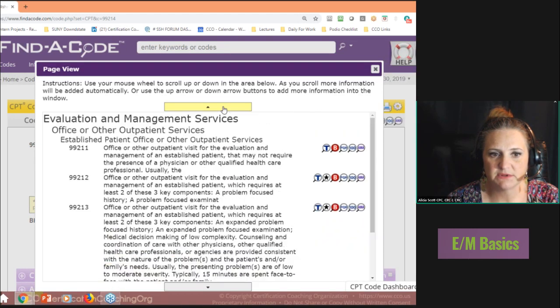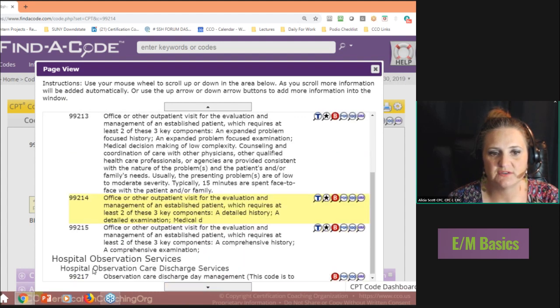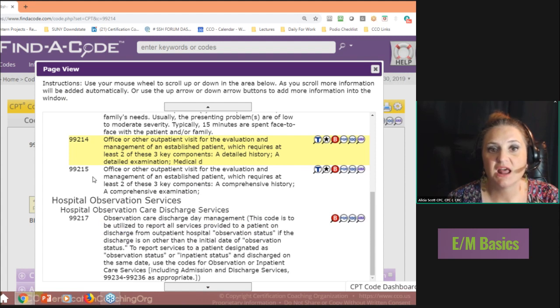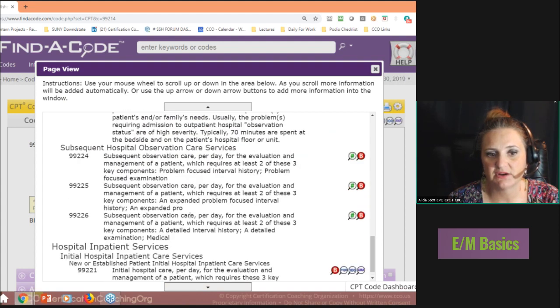This is the established patient E&M evaluation management. And remember, I told you it started at 99211, and then it goes all the way down to 99215. All right. After that, then we start looking at things like hospital observation, subsequent hospital observation, and just notice how these are numerical.